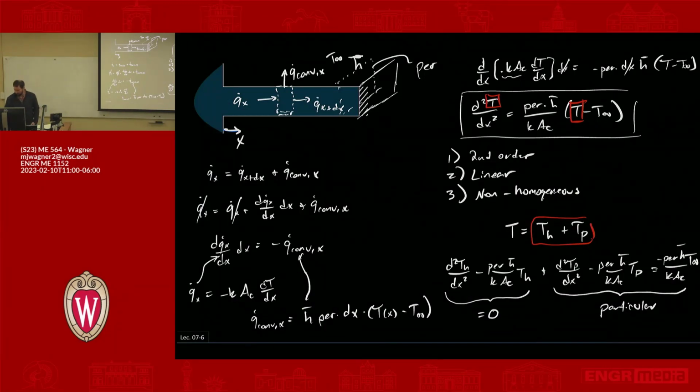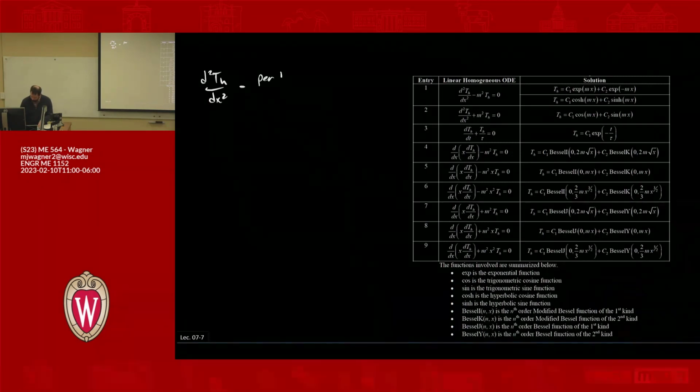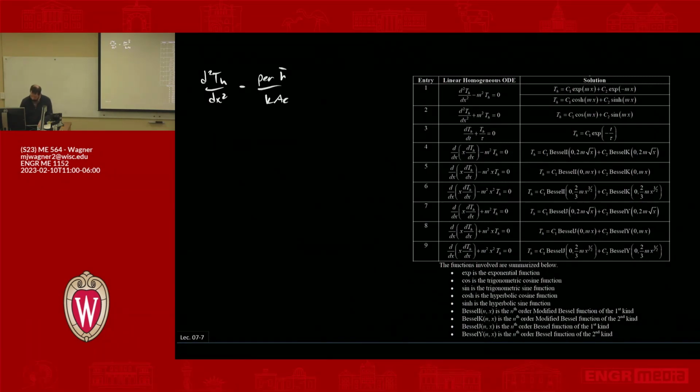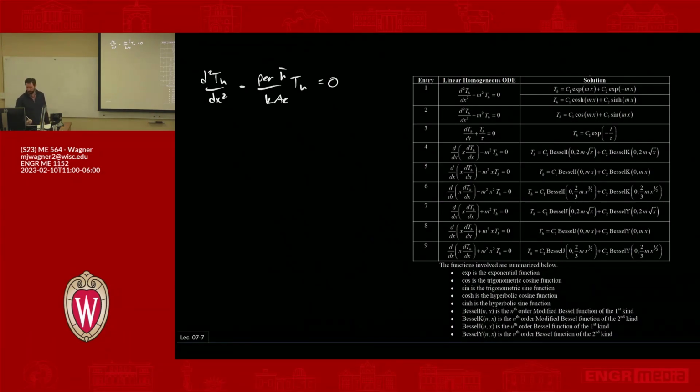All right, so let's look at how this actually plays out, unless there's questions on this part so far. Nope. You'll see where it goes. All right, so this is a little hard to see, but the point of this is let's now start with our homogeneous solution. I'll just rewrite it here. So that was d squared T_H dx squared minus perimeter h bar over k A_c times T_H equals 0. So I need to come up with a solution that satisfies this homogeneous ODE.